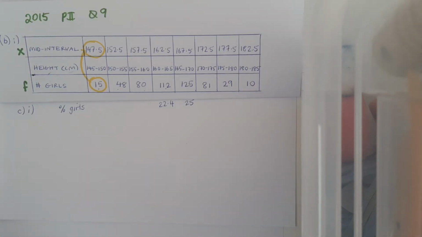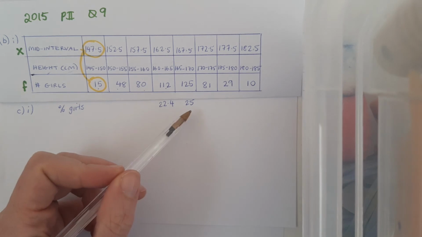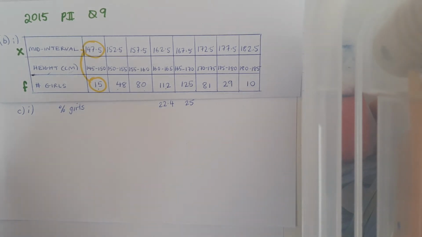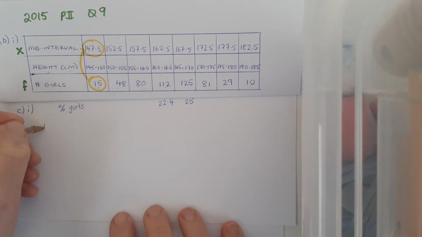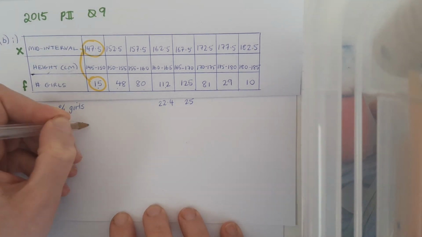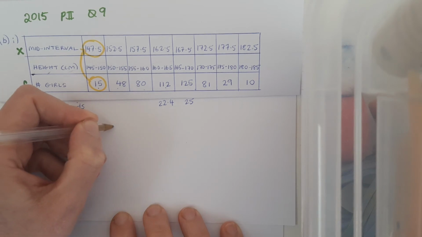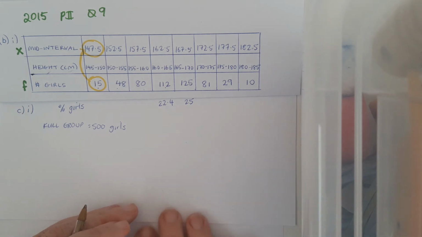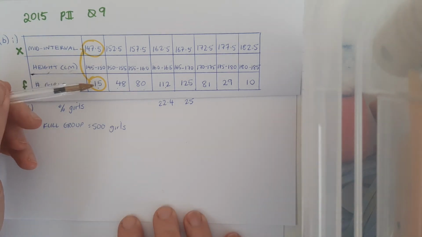Question C part 1 asks me to state what percentage of the group falls into each interval. They've already filled in 22.4 and 25 for me here. At this stage, I already know that the full group is made up of 500 girls. So to find each percentage, all I'm doing is putting the frequency of girls in each interval over 500 and timesing it by 100.